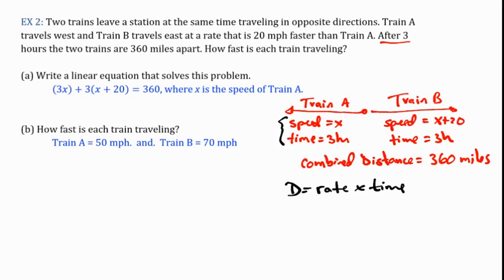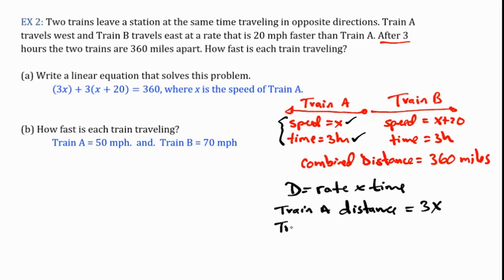So we can take this train A and say that train A distance is equal to rate times time. Rate is x, time is 3, so that would be 3x would be the distance that train A traveled.